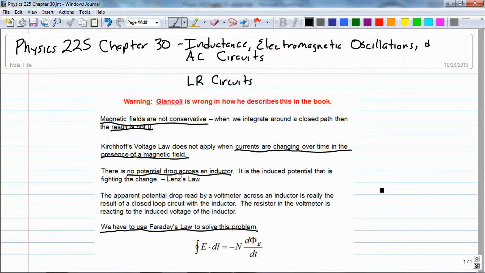So let's take an example here, of a battery, a resistor, and an inductor.